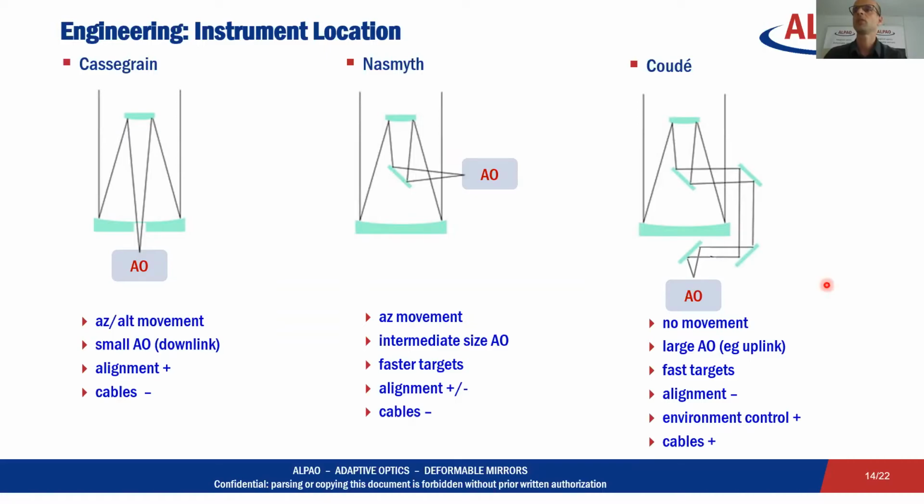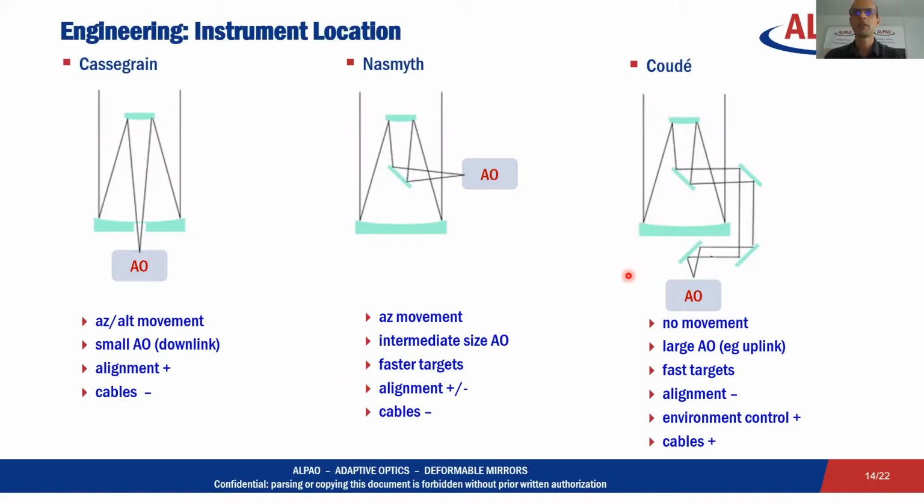And last but not least, we have the Coudé scenario, which really requires a more complicated telescope setup. You see, you have many more reflecting surfaces. And in terms of your building, you need a Coudé room below the telescope.